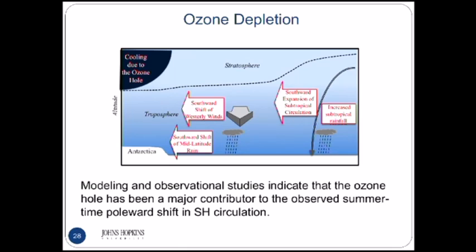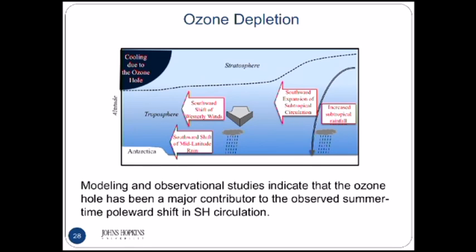Connected with that cooling, based on observations but also modeling, is that as you cool the lower stratosphere, you end up changing the latitudinal temperature gradient, and that results in a shift of the westerly winds. The precipitation zones move with that, because as you move the winds, you actually move the storm tracks, so that moves where the precipitation is.